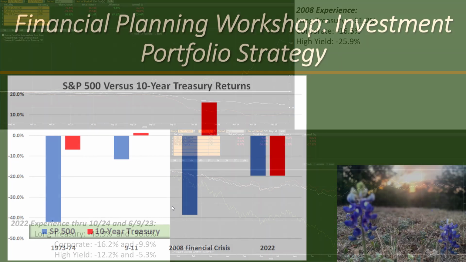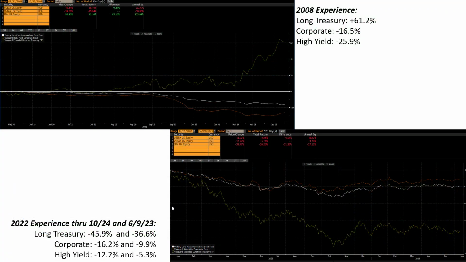To bring this home again, this is a somewhat complicated chart, but I just wanted to contrast 2008 to what's happened in 2022. And I want to look at three types of bonds. When we say bonds, not all bonds are the same.